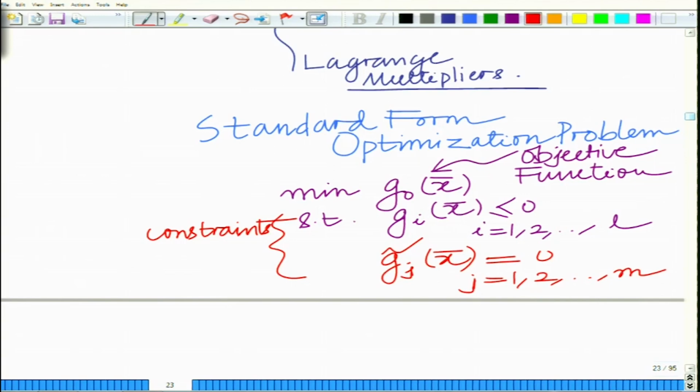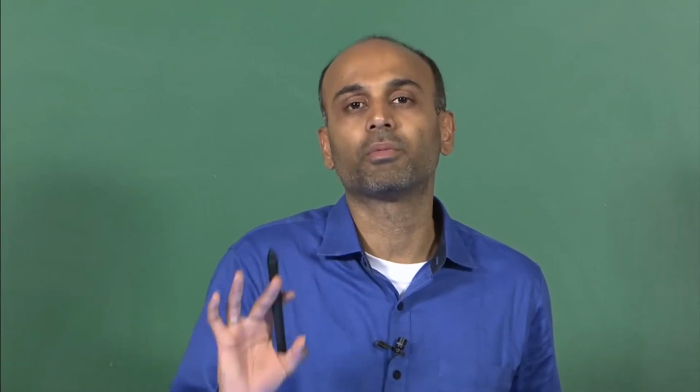In addition, we have seen that if g naught, the objective function, is convex, the inequality constraints are convex, and the equality constraints are affine, it becomes a convex optimization problem. Right now, this is not necessarily a convex optimization problem. This is simply a standard form, and it can be any optimization problem.